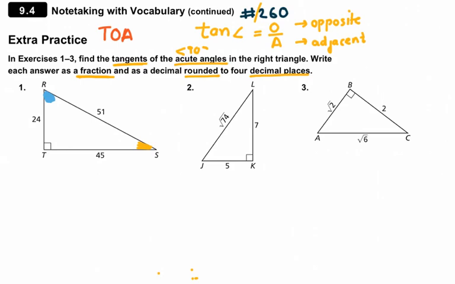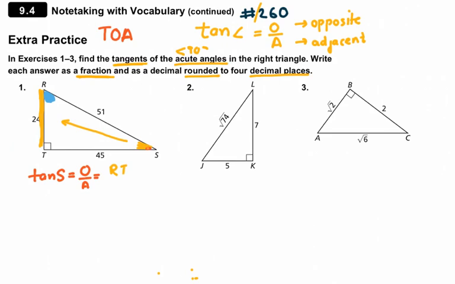First let's focus on the tangent of acute angle S. Tangent of S, that is what? TOA, O over A. Just write it down so that it's easier for you to do it every time. We need to find the opposite leg and the adjacent leg for this angle S. The opposite leg is this leg, which is RT.